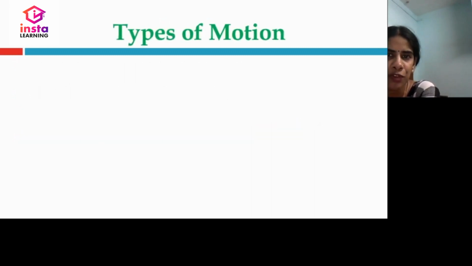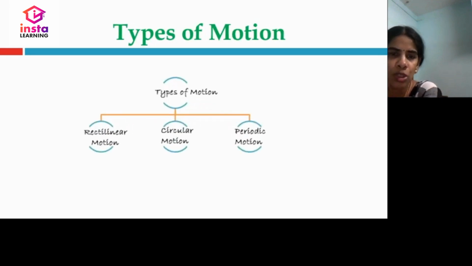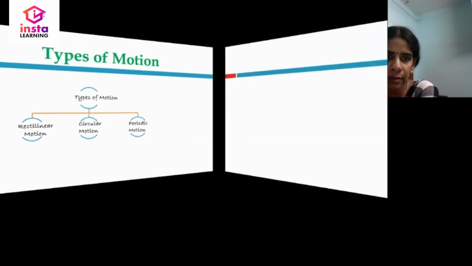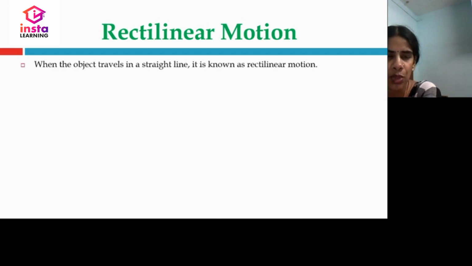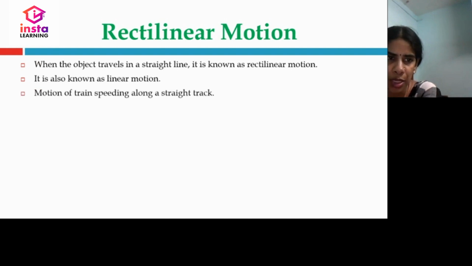What are the different types of motions? Motions are of 3 types: rectilinear motion, circular motion, and periodic motion. Let us discuss rectilinear motion. When the object travels in a straight line, we call it rectilinear motion. It is also called linear motion.